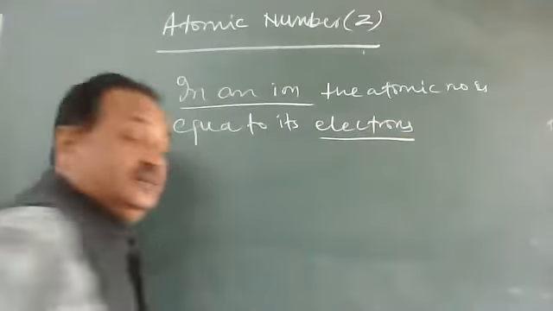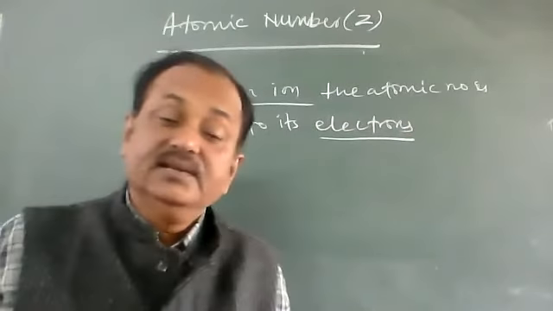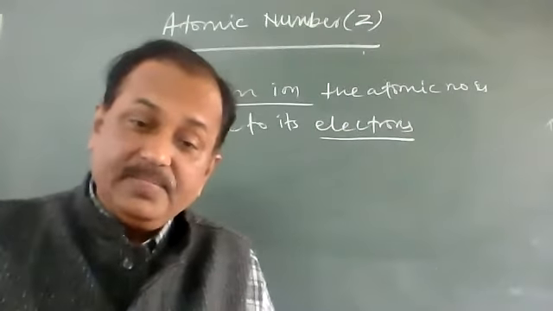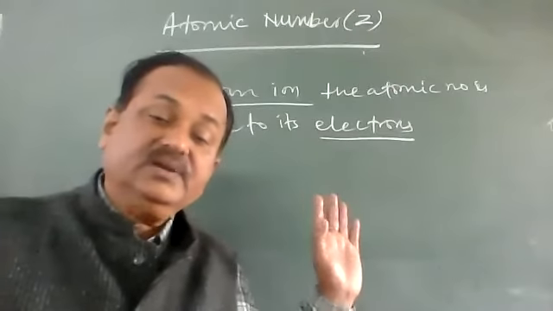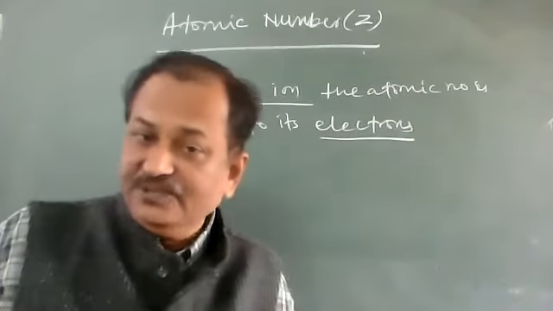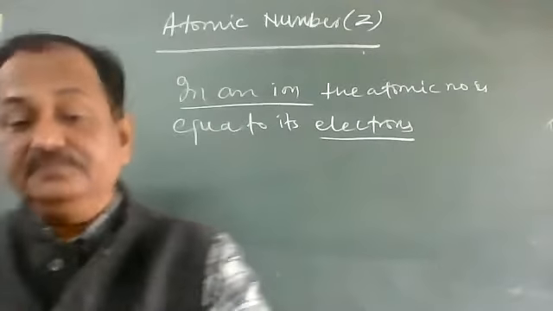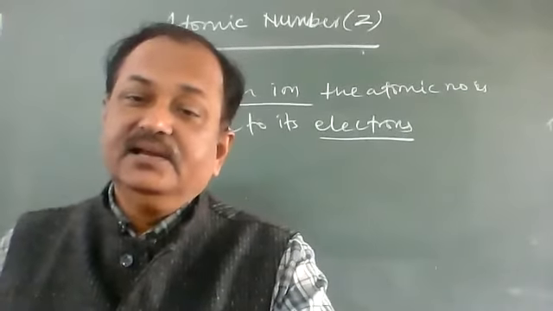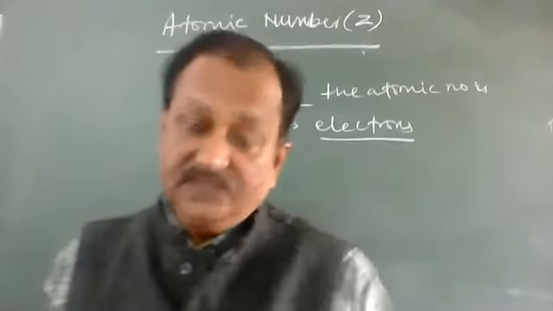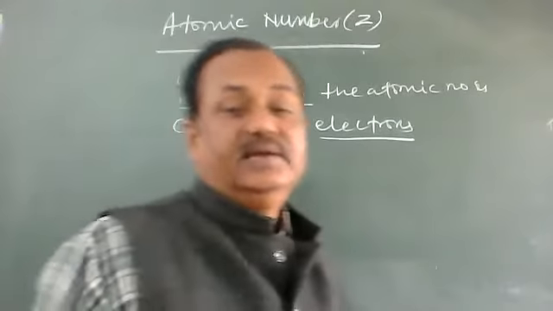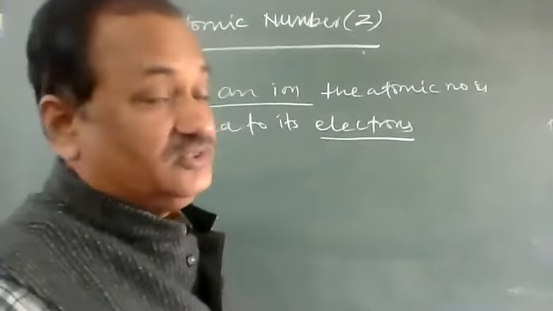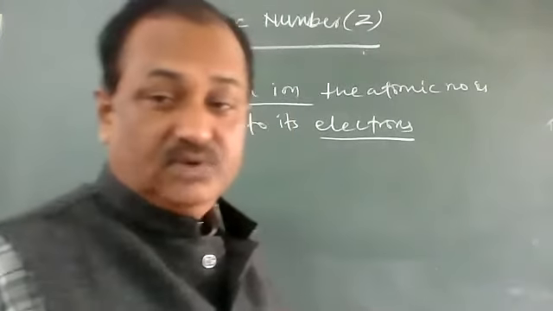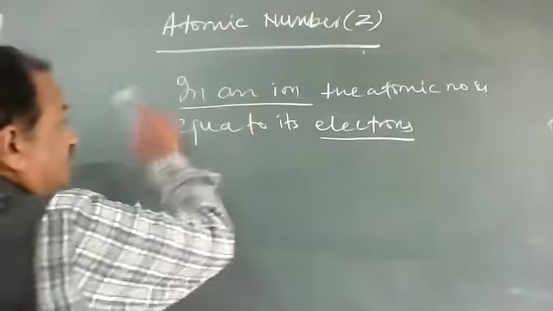So it is better to keep in mind the number of electrons in any species, whether it is an atom or an ion, is the atomic number. Atomic number is never in fraction, it is always a whole number.